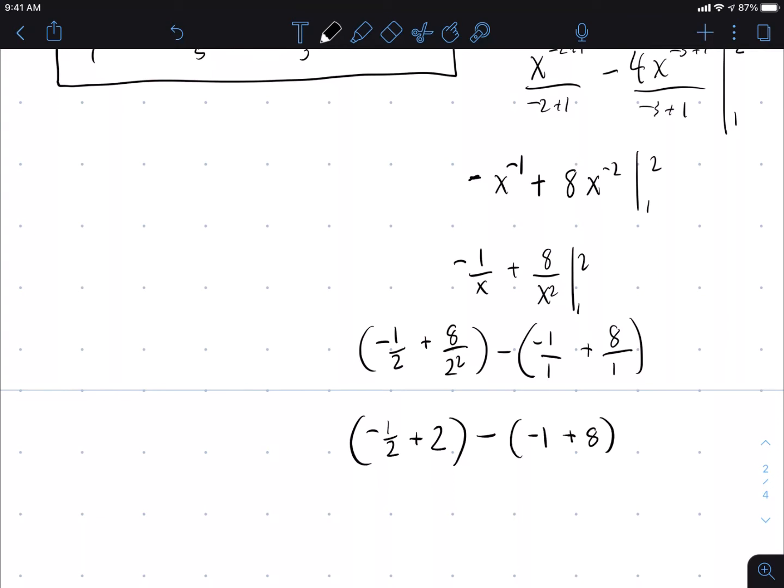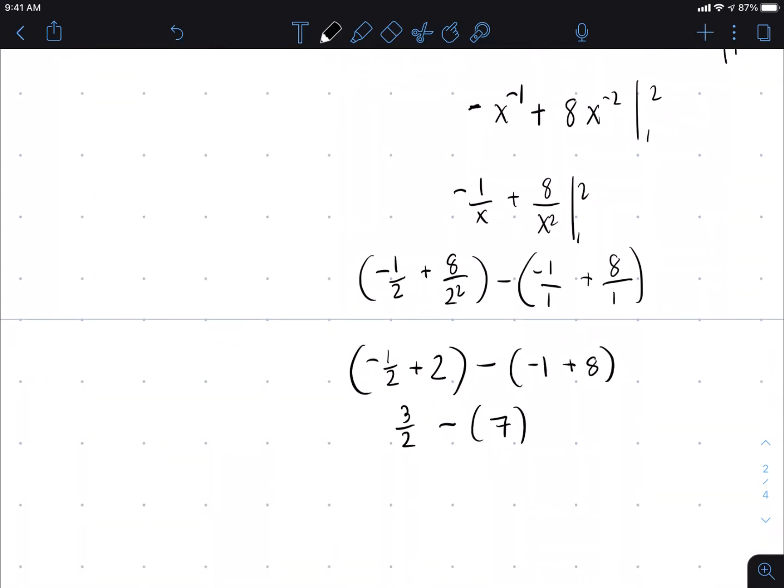How do I want to do this to make life so easy for you? Here, I'll keep it in fractions. 3 over 2 minus 7. Correct? And then I'll be uber deliberate for you guys. Okay.